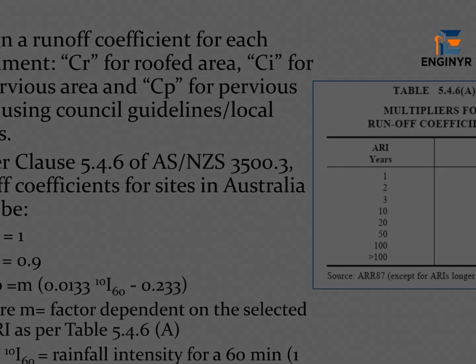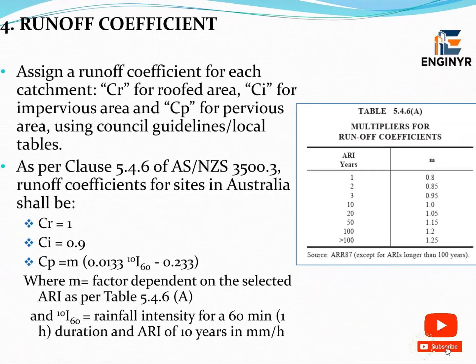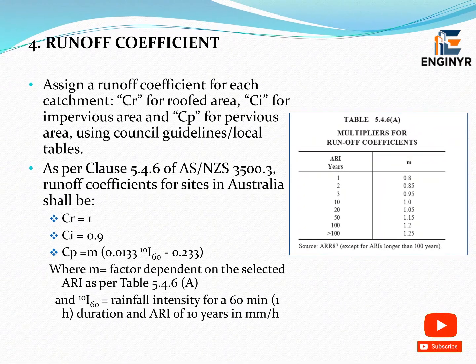Step 4. Runoff coefficient. Assign a runoff coefficient for each catchment, CR for roofed area, CI for impervious area, and CP for pervious area, using council guidelines or local tables.